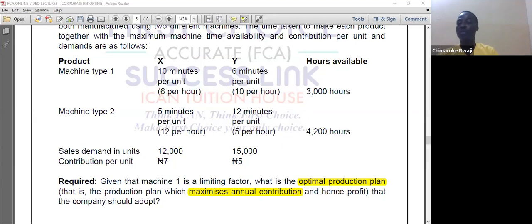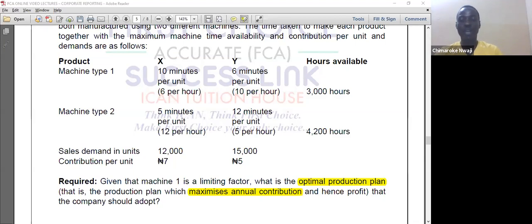All you need to do is divide 15,000 by 10, and you will still get your 1,500 hours. That's another way to do it. Then the company has 3,000 hours available, and you're just needing 1,500 hours, so you can do all of these. Now the company has 1,500 hours left.